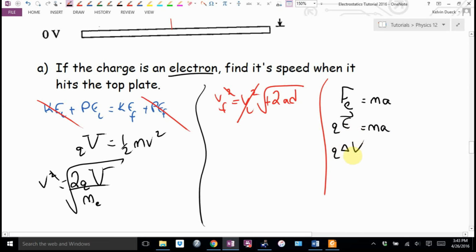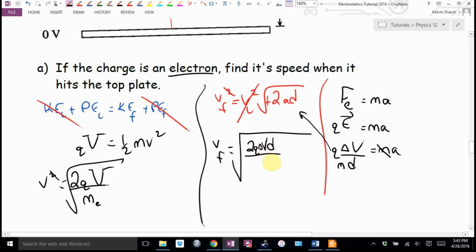Why, that's the change in voltage over the distance. That equals ma. How would I get the A by itself? And if I plug that in here, I'm going to get VF equals the square root of 2 and a D on the top. And the A gets replaced with a Q, a delta V, and an M and a D on the bottom. What do you notice happens to the D's? And, oh, are you saying, again, I get 2QV over M?